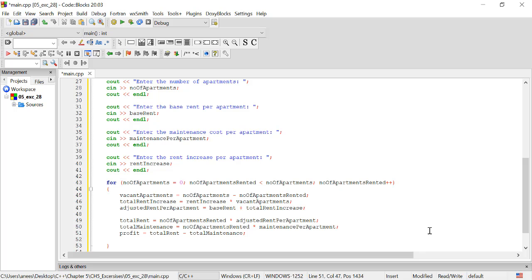Now I'm just going to take a step back and sort of explain to you how all of this works. Now here, vacant apartments is equal to the number of apartments minus the number of apartments rented. That is simple, of course, right?